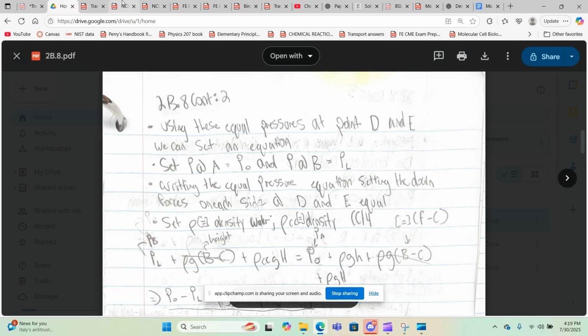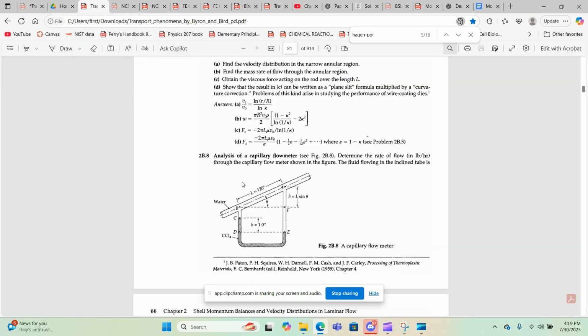Basically, what we want to do is find some way to relate the pressure on each side of the capillary flow meter here. So we're going to say at A, PA equals P0 and PB equals PL. These pressures are due to the flowing fluid that's through here.